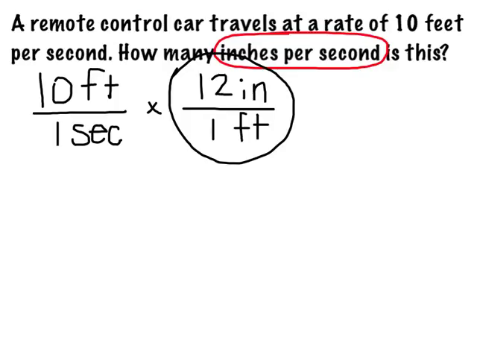Next, I'm going to cancel out any common units in the diagonals, and I have feet, diagonal from feet, so they cancel each other out. Inches and seconds are not the same, so I'll leave them. And now I'm going to combine what I have left on top and on bottom.